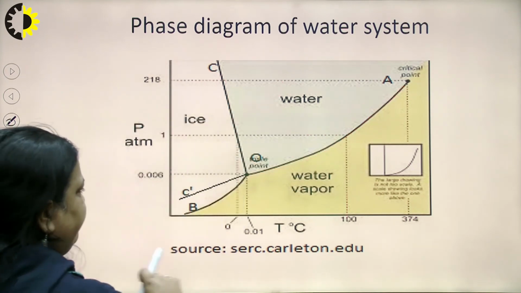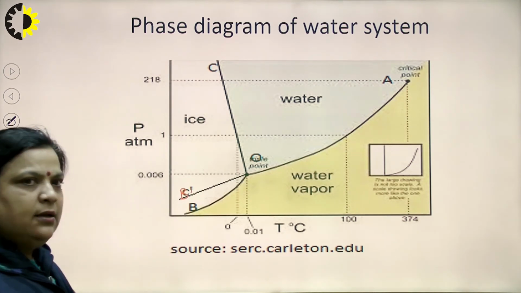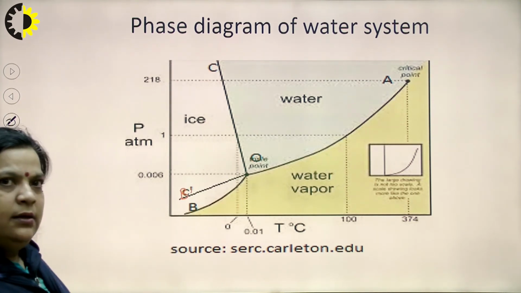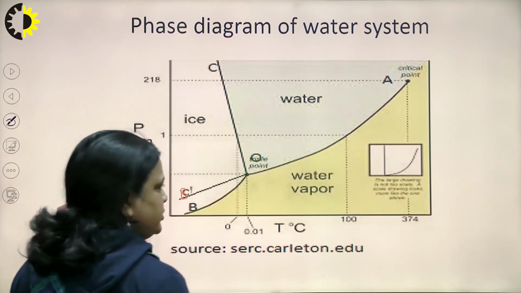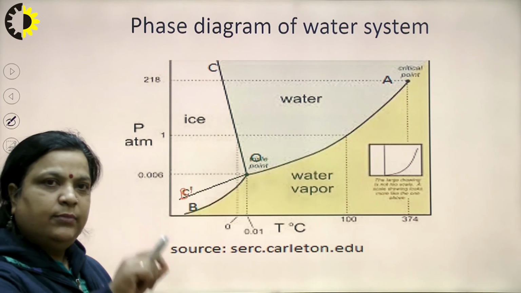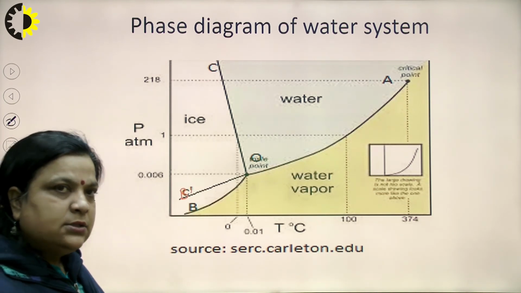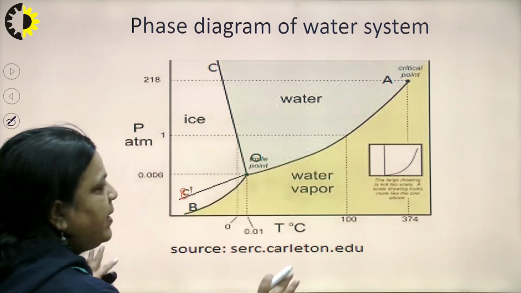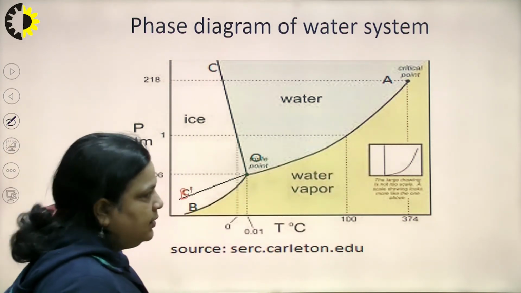So, this is the combined phase diagram, and here we can write B' because it will be more convenient when we explain this. First, OA. In the exam there is no need to draw separate curves. When we write this question in the exam, draw a combined diagram and then explain one by one.